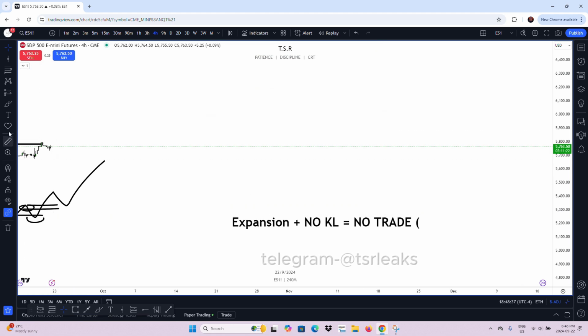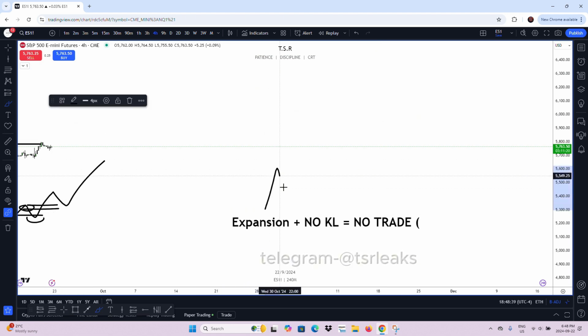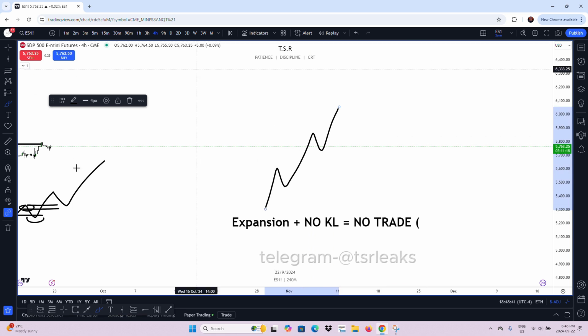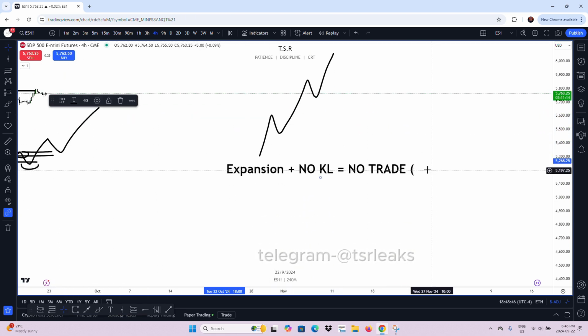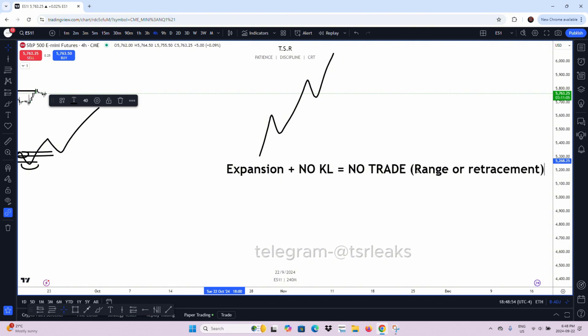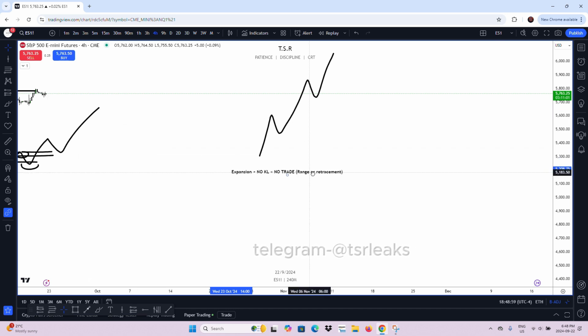Meaning, what will happen after price expands up? I just explained it. You guys should know. The answer is a range or a retracement. Okay? A range or a retracement. Let's make this smaller.